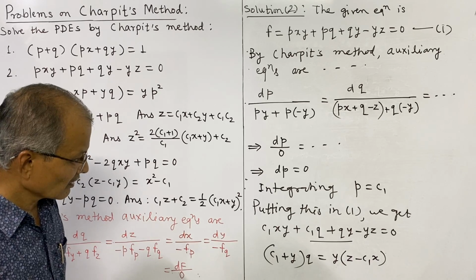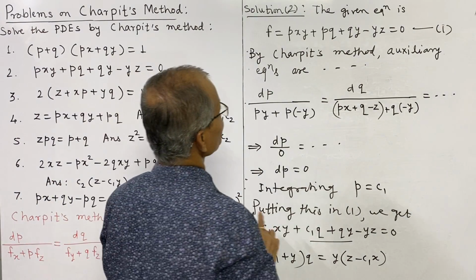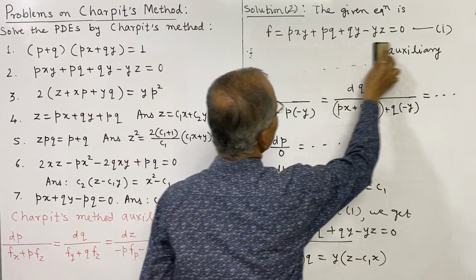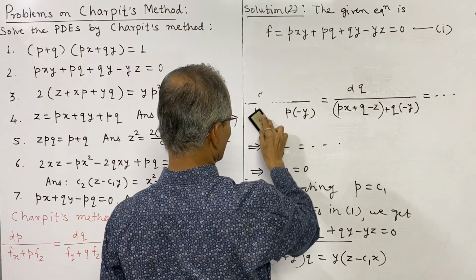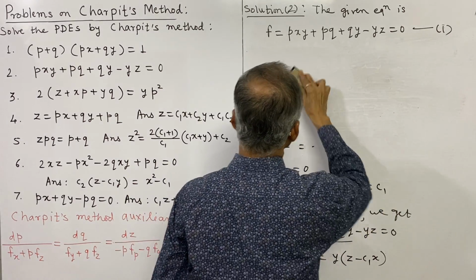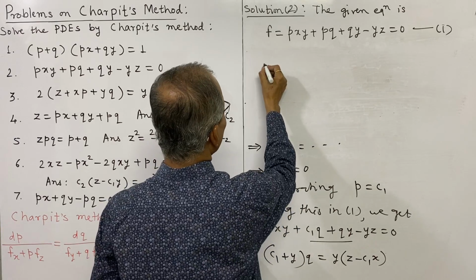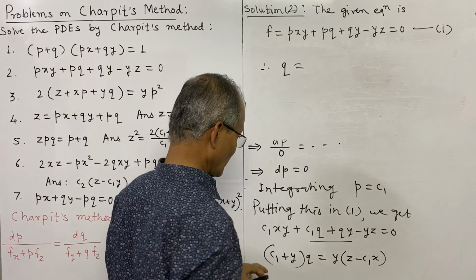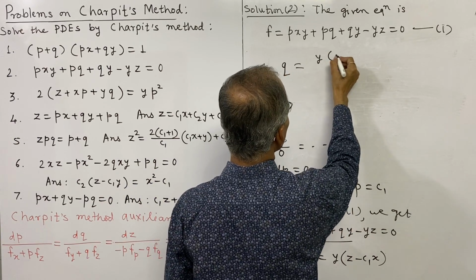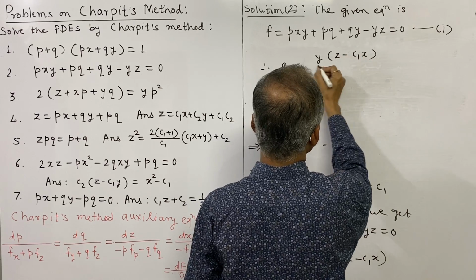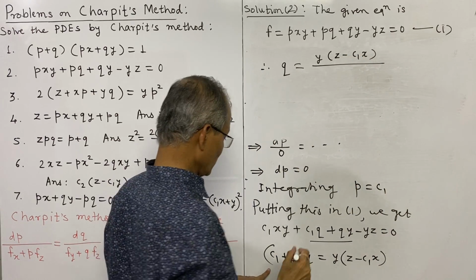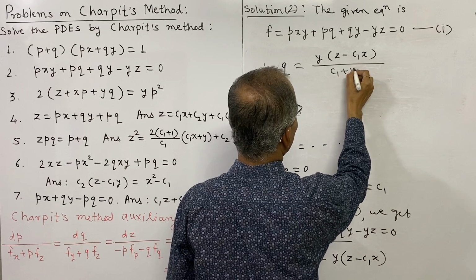And further, from this the value of q is... So what is q then? Q is equal to y into z minus c1 times x divided by c1 plus y.